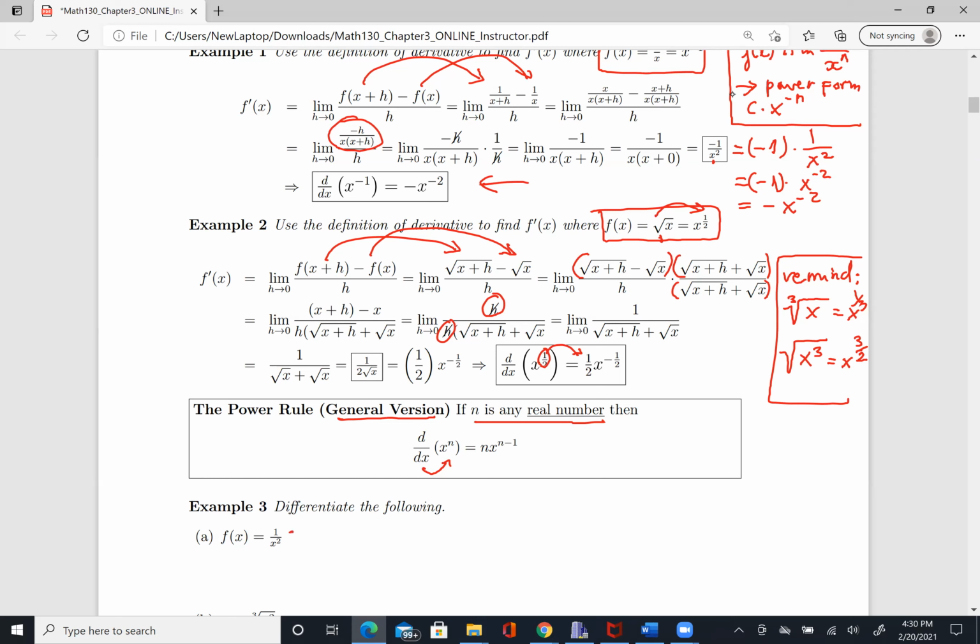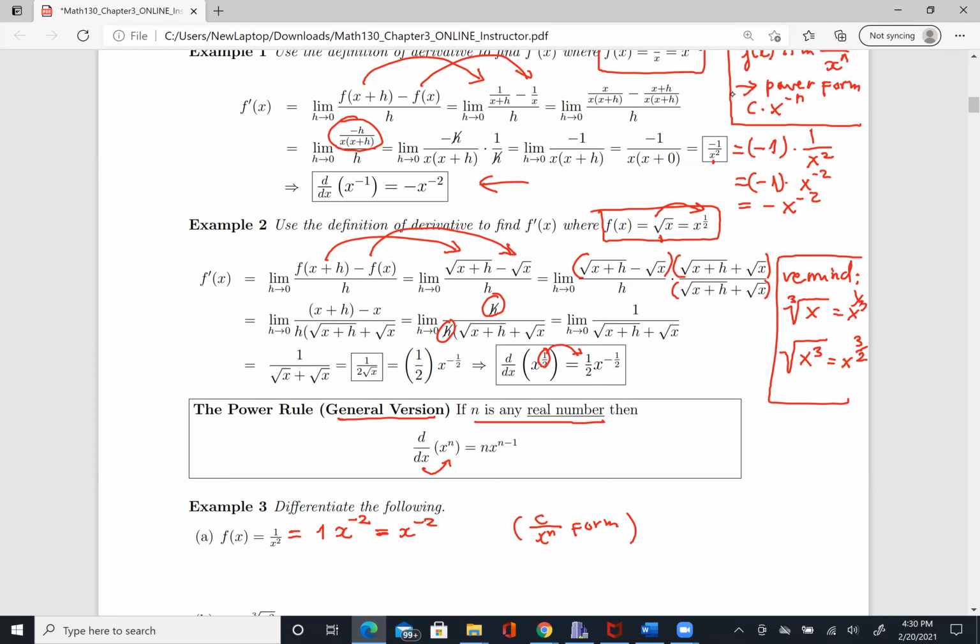So I would like to say this is in the c over x power n form, right? So I would like to convert this to be 1 times x to power -2.